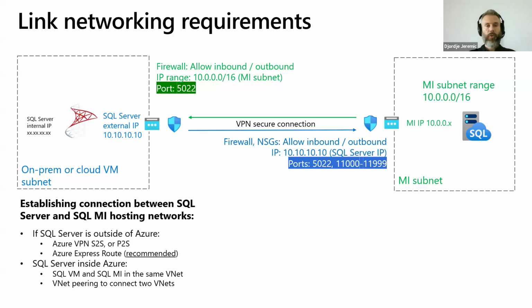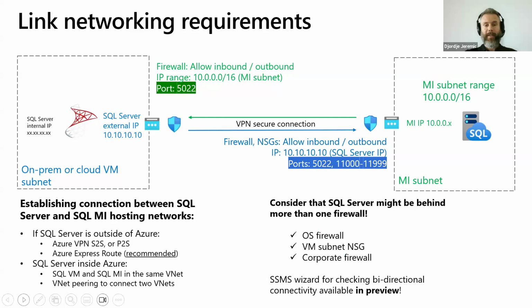If you want to do a quick proof of concept, and you want to skip most of the trouble that setting up the connectivity brings, what we typically do internally and advise our customers is to provision SQL Server on an Azure VM somewhere in Azure, because in that way, establishing connectivity between the subnet which hosts the SQL Server and the subnet which hosts the SQL MI is significantly simpler.